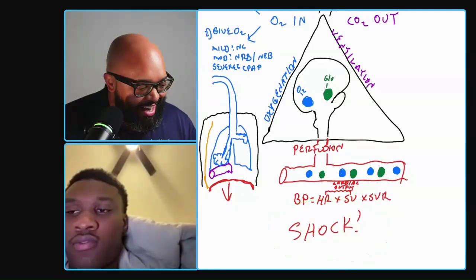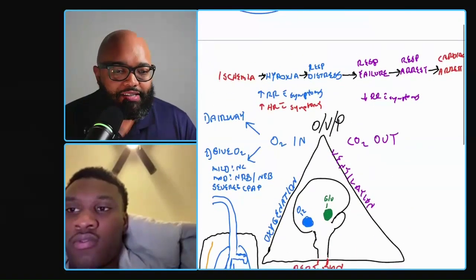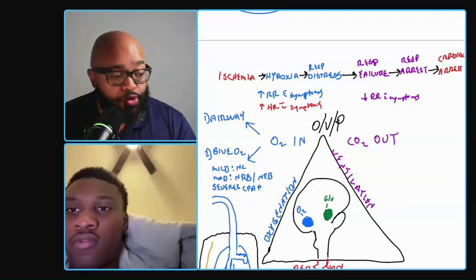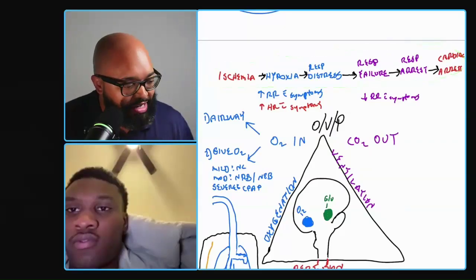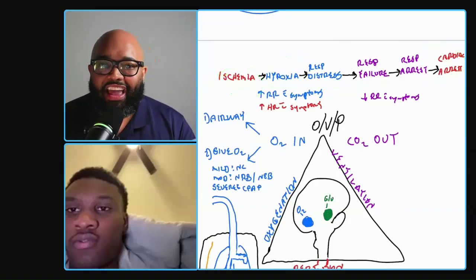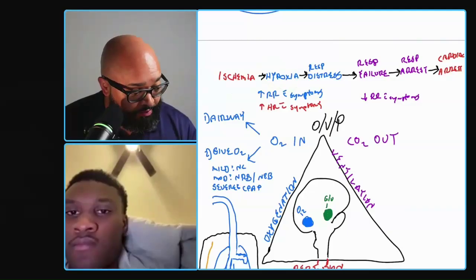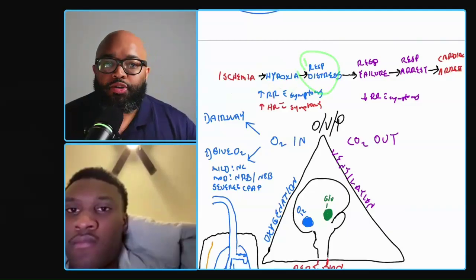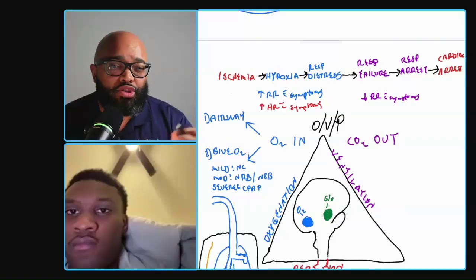That's oxygenation. Now, let me back up for a second. You guys have seen me do this, but for the benefit of those who haven't, remember this is our continuum of how everything progresses. We have ischemia, which is a lack of blood flow. Then we have hypoxia, which is a lack of oxygen. Then that's going to lead to respiratory distress, where they're having trouble breathing. They are breathing, just not breathing too well.